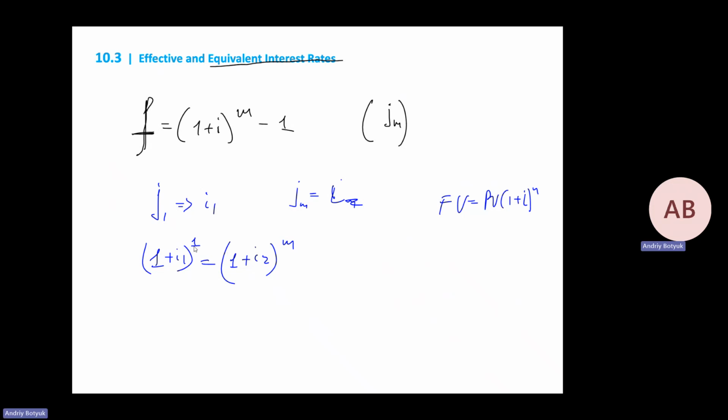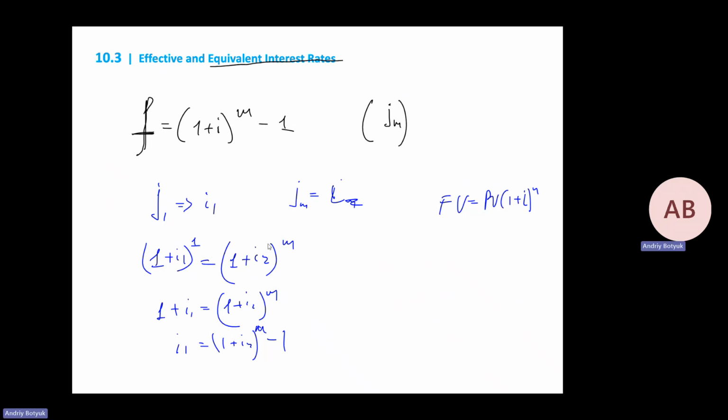Here I know for sure I compound once a year. Here I put m because I can use any. Now what is it? 1 plus i1 equals 1 plus i2 to the power m. i1 is 1 plus i2 to the power m, minus 1. So it's the same formula, just slightly different letters, right?